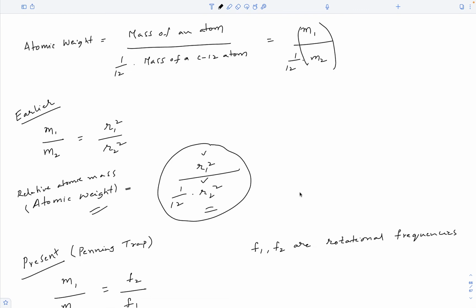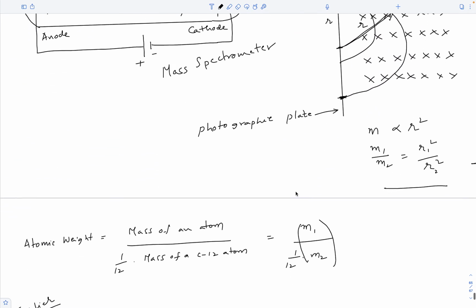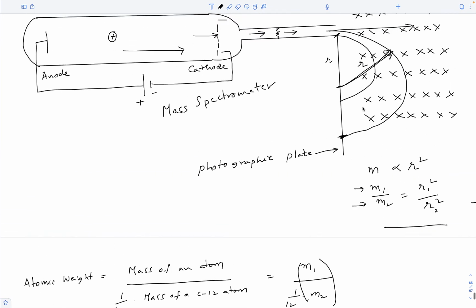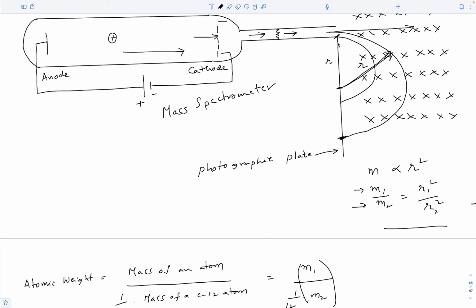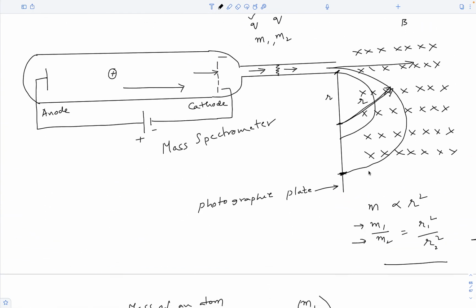The interesting thing here is we are determining atomic weights using a mass spectrometer not by measuring their masses in kilograms or some other units, but by measuring the radii of the semicircles their ions make in a magnetic field.